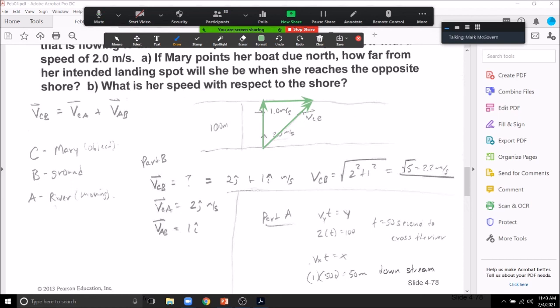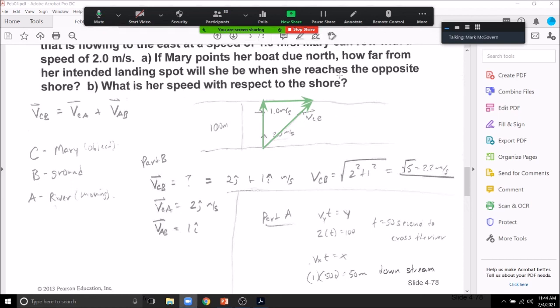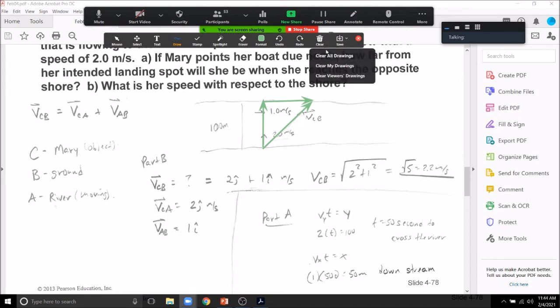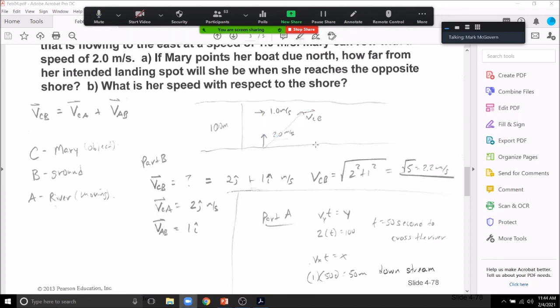Okay. Now, you have a homework problem that's like this. Except here's the thing. Say we don't want to drift down the shoreline. What are you going to have to do to prevent yourself from drifting down the shoreline? You have any idea? Yeah, you'd have to go to the left more. Right. You wouldn't have to go straight.